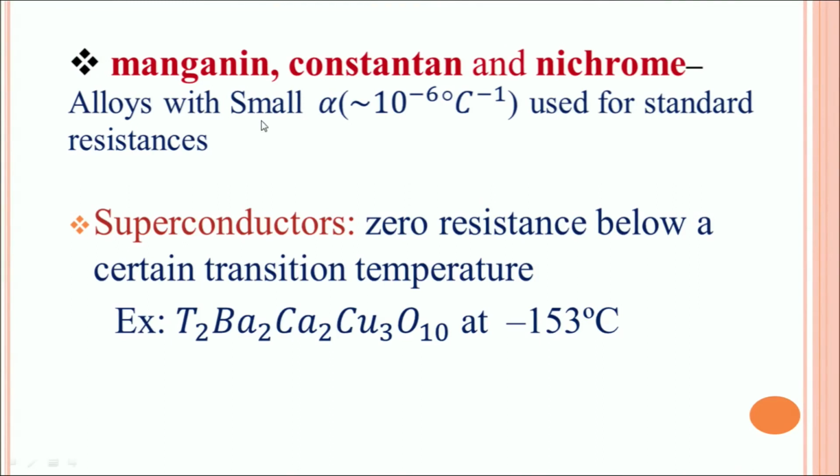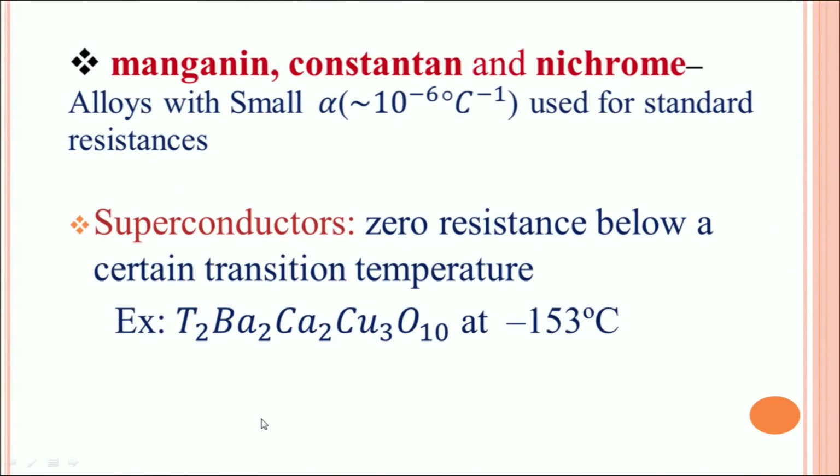Why do we design like this? Because you want the temperature coefficient to be small. You do not want a different resistance in summers and a different resistance in winters. You would want the same piece of wire or carbon resistor to offer the same resistance irrespective of the temperature, irrespective of the weather. So you design these alloys so that you can attain a small value of alpha.